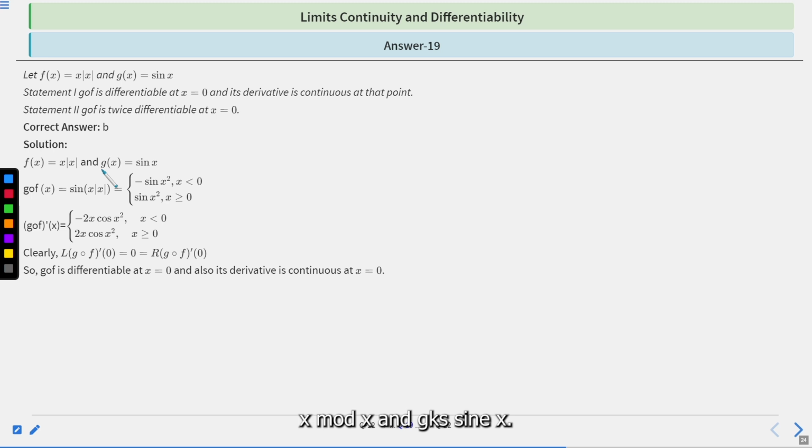f(x) is basically |x| and g(x) is sin x. So g of f(x) is basically sin|x|, which is −sin x when x < 0 and sin x when x ≥ 0. Clear? Now (g of f)'(x), after differentiating this, you will get −cos x when x < 0 and cos x when x ≥ 0.